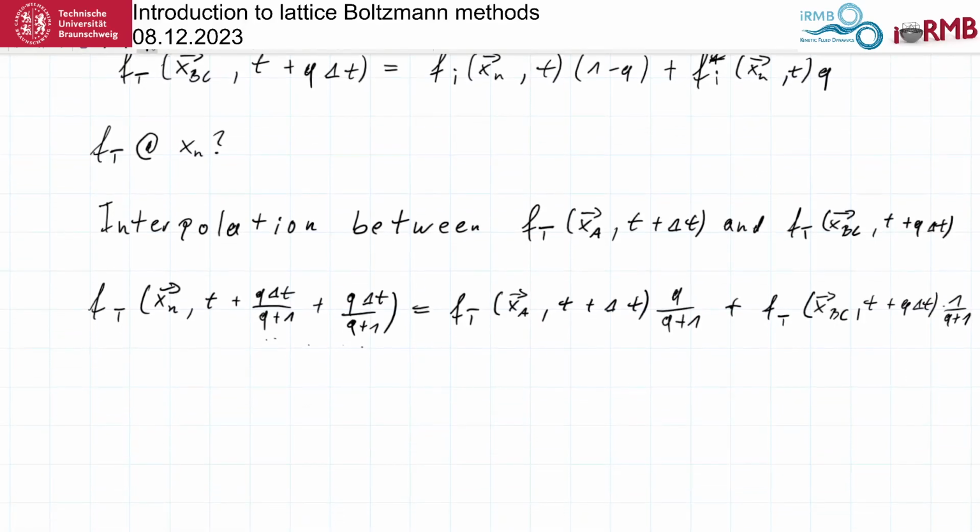And now, again, we have something at the neighboring node, but what we have at the neighboring node is the same thing that we had in the Bouzidi boundary condition. For the second case, we can just replace this with the post-collision population at the node itself.